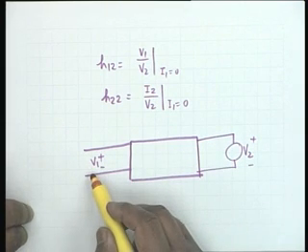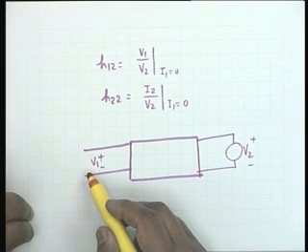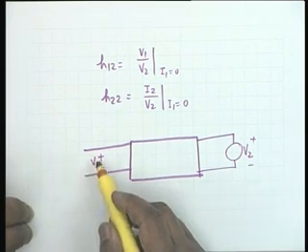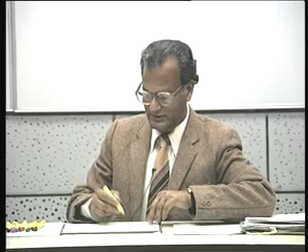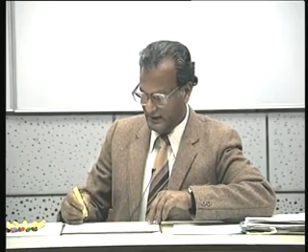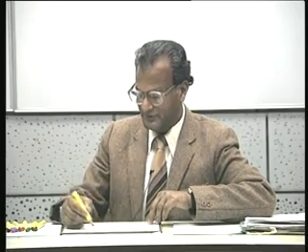Obviously, the excitation cannot be at port 1. Why not? It is open, and therefore, any source that you connect will drive a current, and therefore, the source must be V2, with I1 equal to 0, and all that you calculate now is V1 by V2. V1 by V2 is the transfer function.